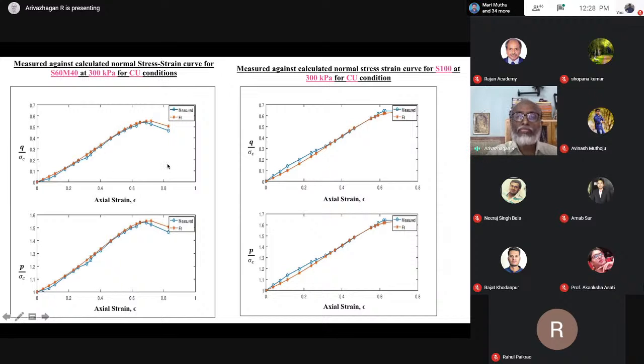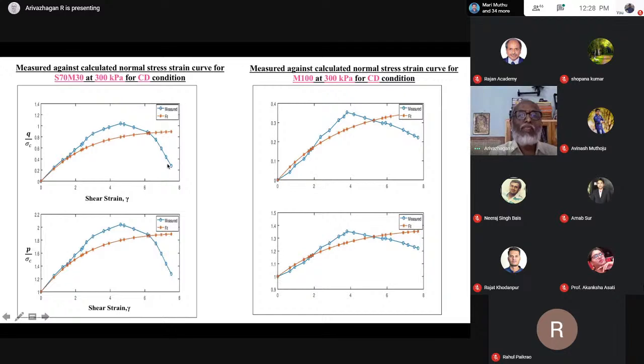The next one is the same for consolidated drained condition. Here the curve is not as close a fit compared with the CU condition. So I can conclude that these material model parameters are a good, close fit with the CU condition.